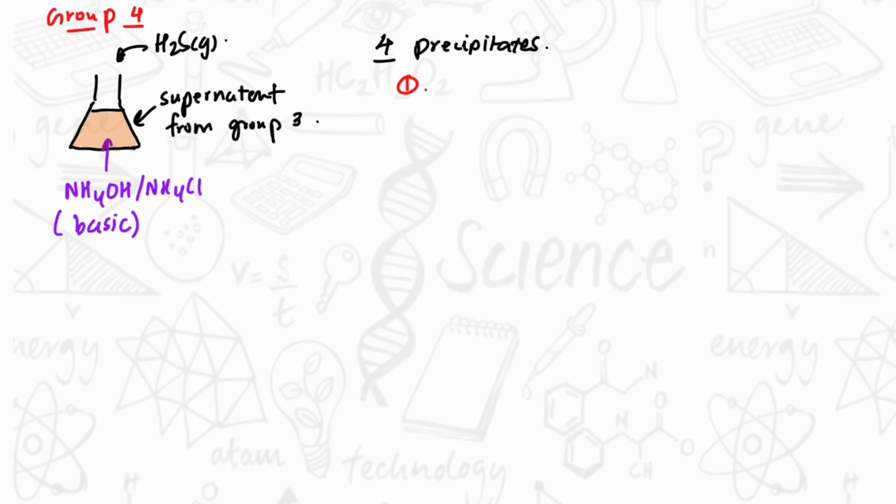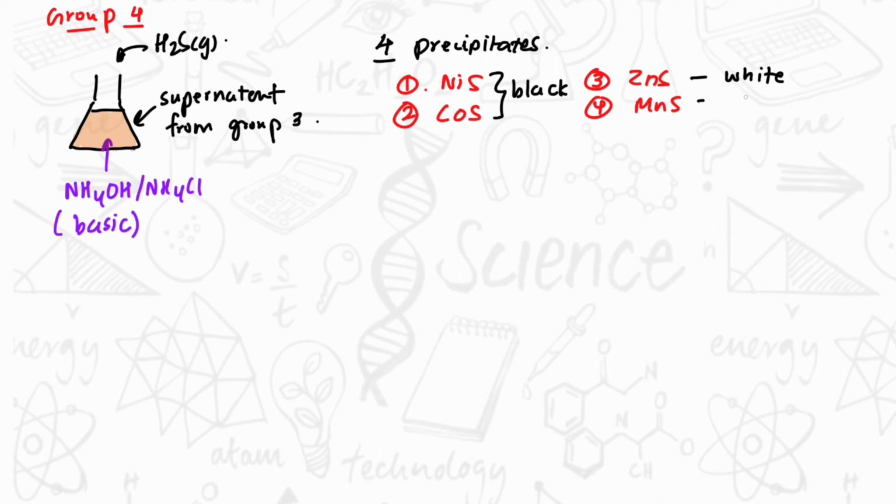The first one is nickel sulfide. The second one is cobalt sulfide. The third one is zinc sulfide. The fourth one is manganese sulfide. Nickel sulfide and cobalt sulfide are black in color. Zinc sulfide is white in color. And manganese sulfide is pink, or I call it light red.